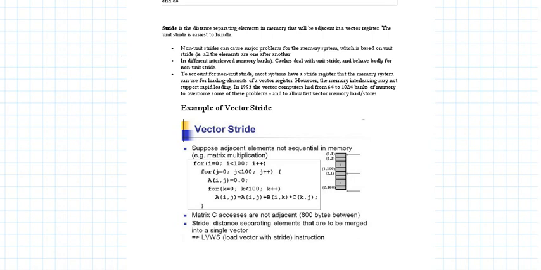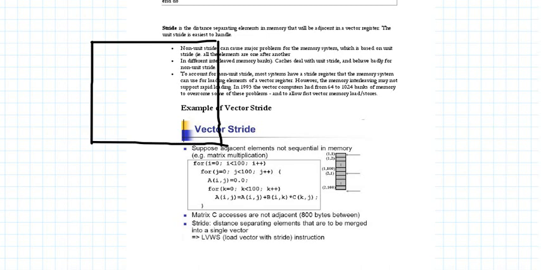Then you are calculating a[i][j]. So a[i][j] is essentially a two-dimensional matrix, right? a[i][j] is a 100 by 100 matrix.